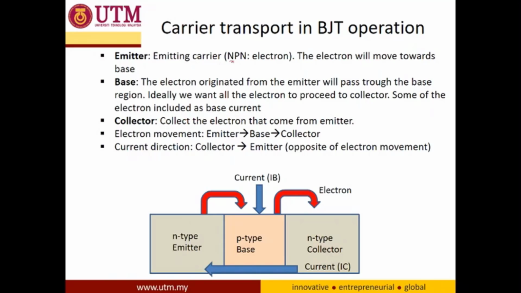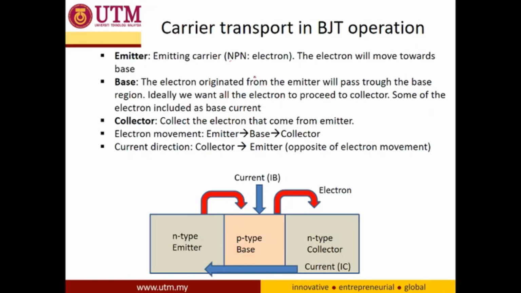In the case of NPN, the emitter part emits the electron. Emit means produce, and it produces the electron and then forces the electron to move to the next layer.